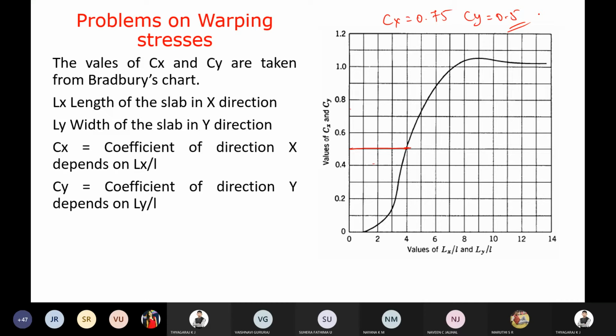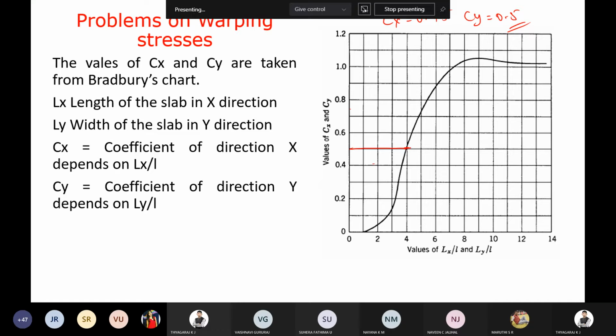So consider these two values. From this we can get to know that along the X direction only the edge stress is going to work out.